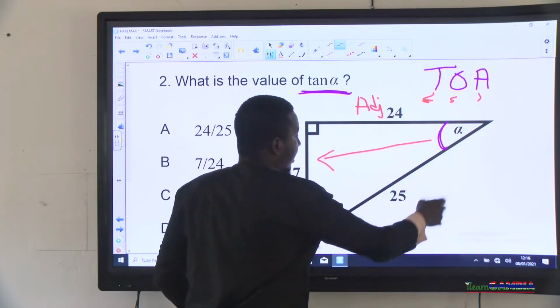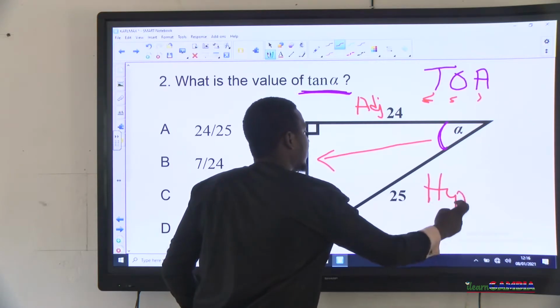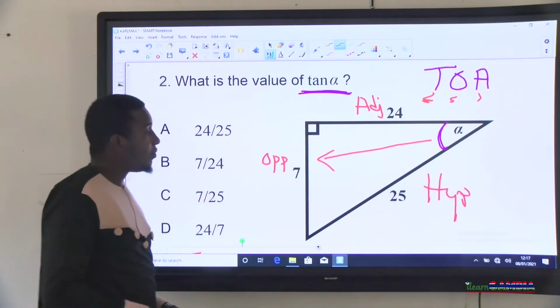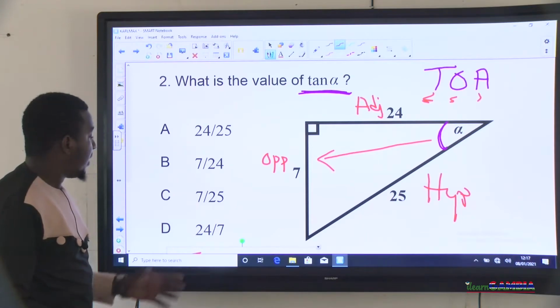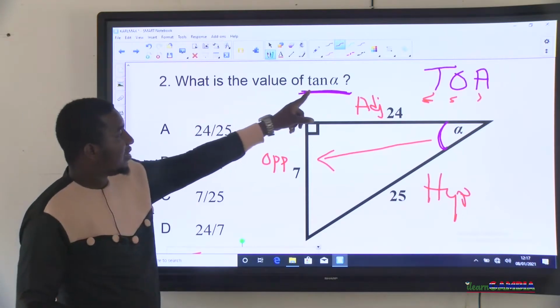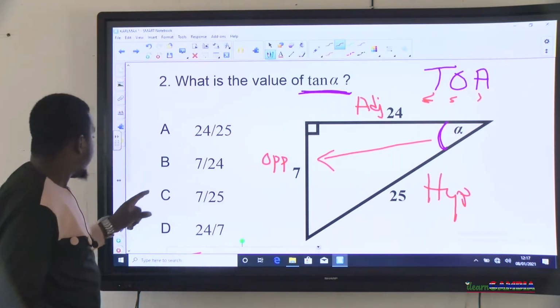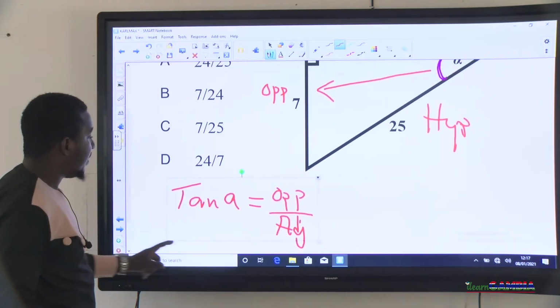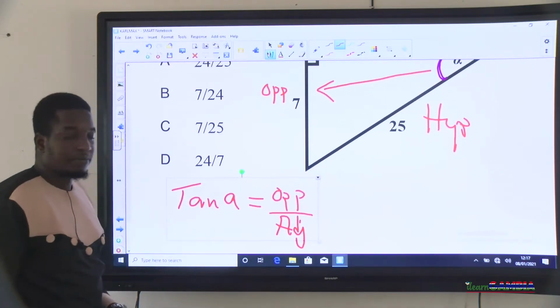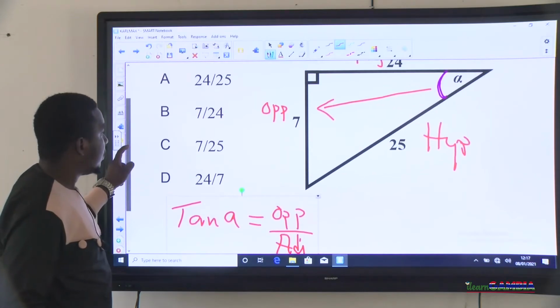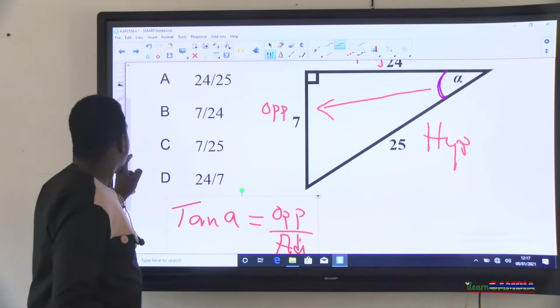And the longer side is referred to as the hypotenuse. In this case, we are asked to find the value of tan A, and we need the opposite and the adjacent. So the opposite we know is 7, and the adjacent.